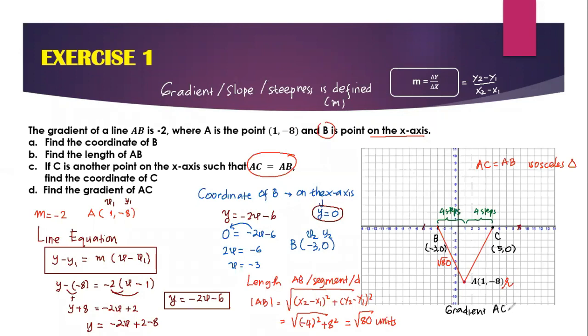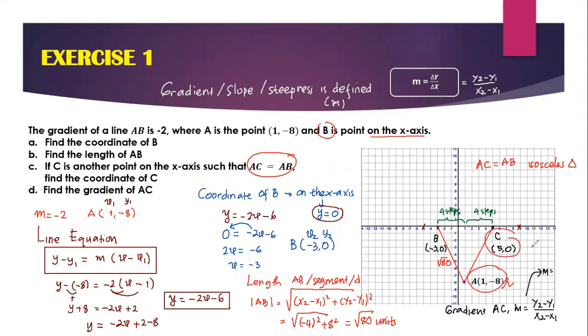M equals y2 minus y1 over x2 minus x1, right? Look at this one, A and C. Here is A and C. This one is A, this one is C, right?